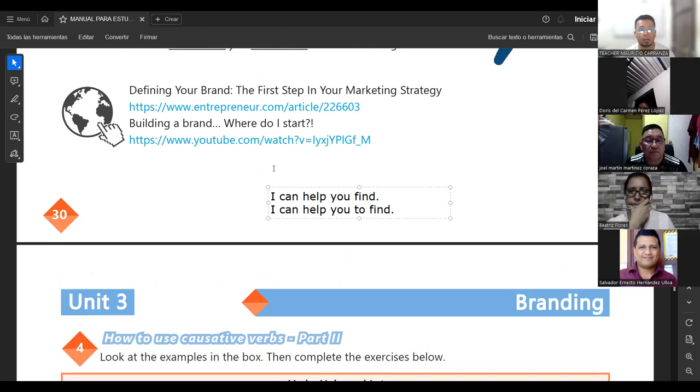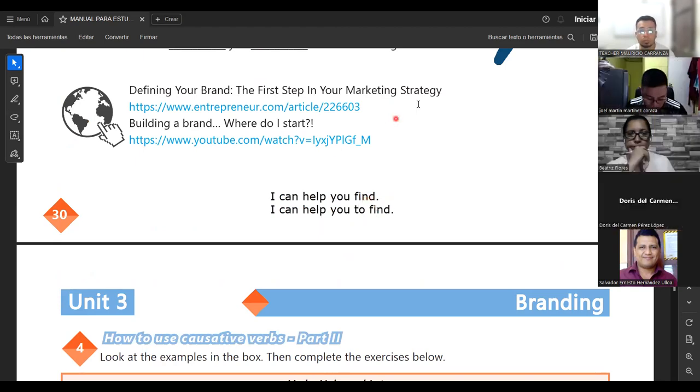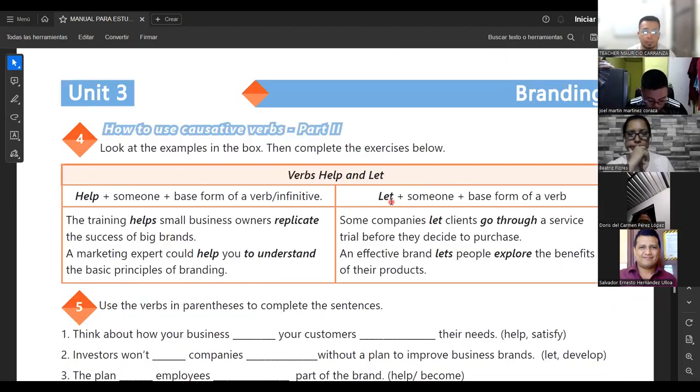Both ways are correct. You decide which one you use. And then the rest, let, make, and also have, they don't use the infinitive. They go with the base form.